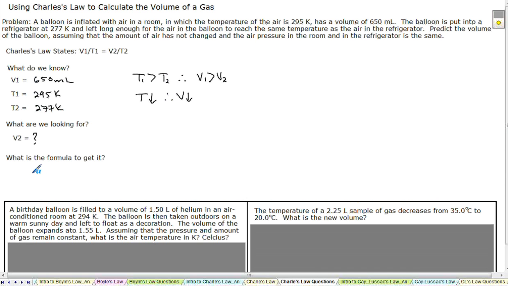Well, we have V1 over T1 equals V2 over T2. So what we're going to do is multiply by T2. So V2 equals V1 times T2 over T1.